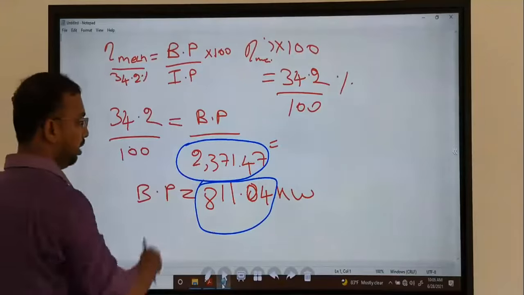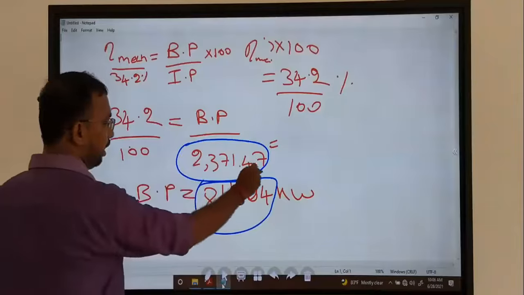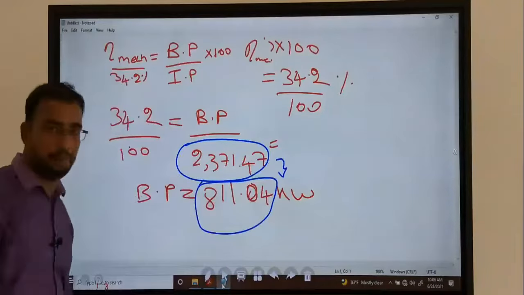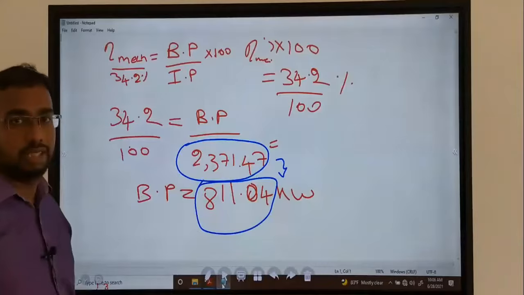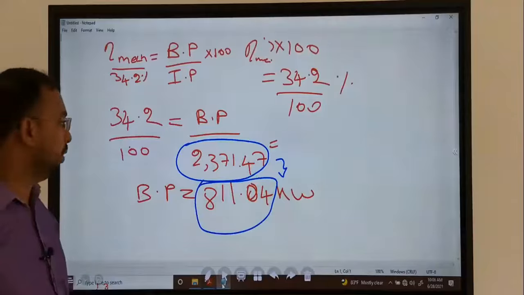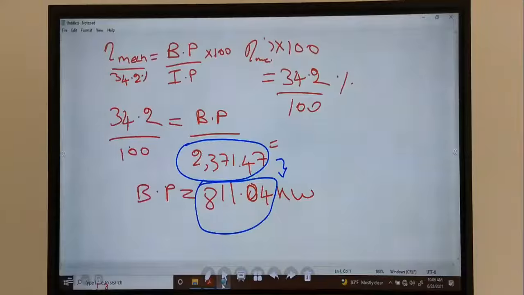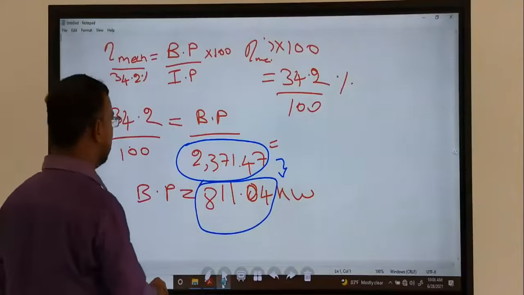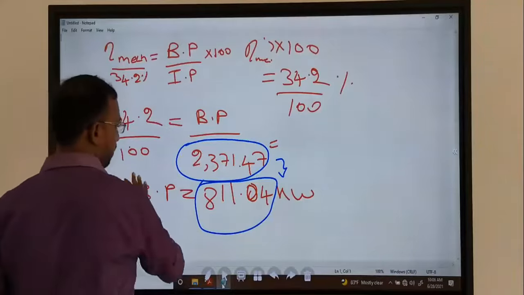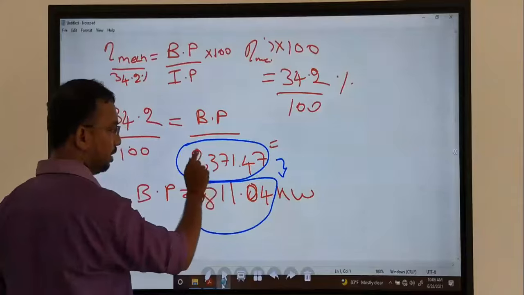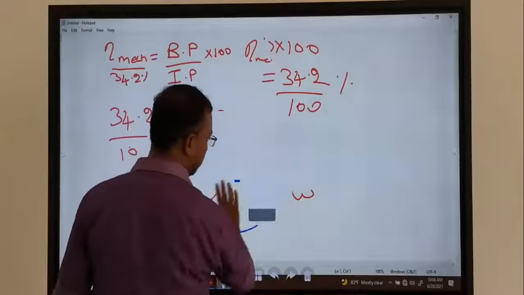This difference is used for the engine operation. So the brake power is always less than the indicated power, here 811. Remember these two things, indicated power and brake power, as the next question needs these values.